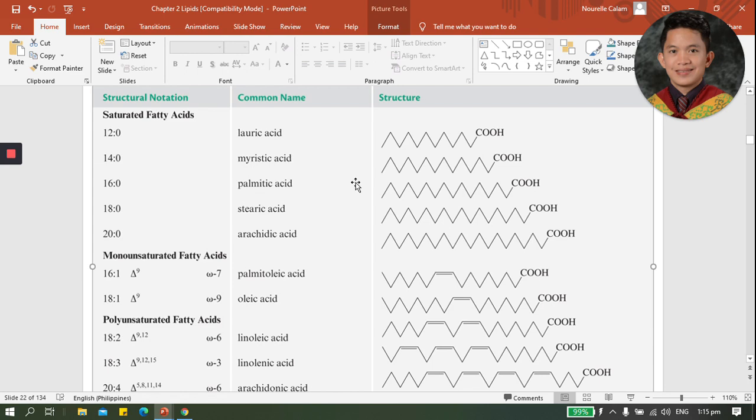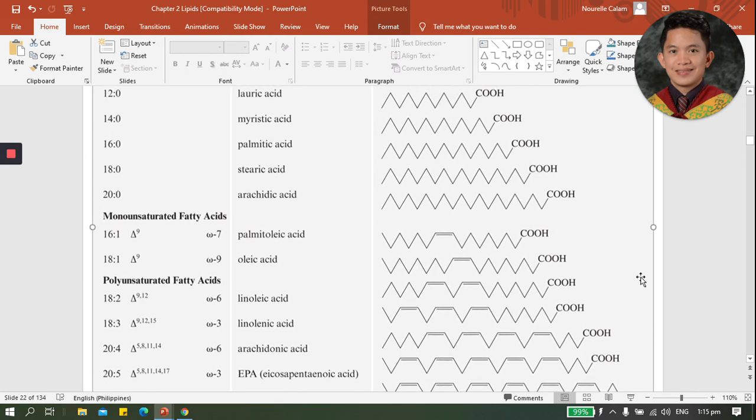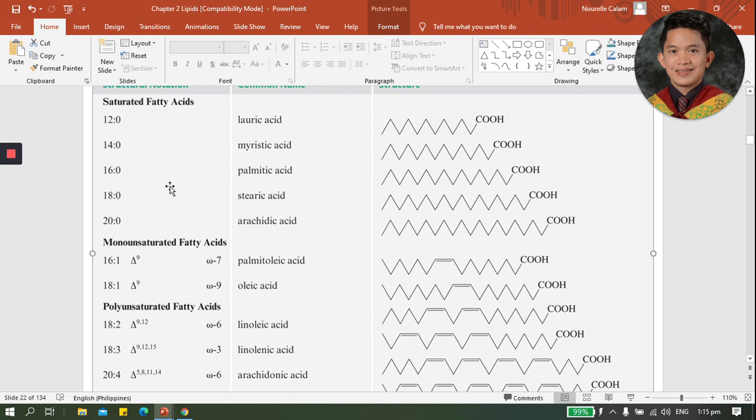Now going to the monounsaturated fatty acids, we have here the notation 16:1. That means there are 16 carbon atoms and 1 double bond. Now, where is the position of the double bond?